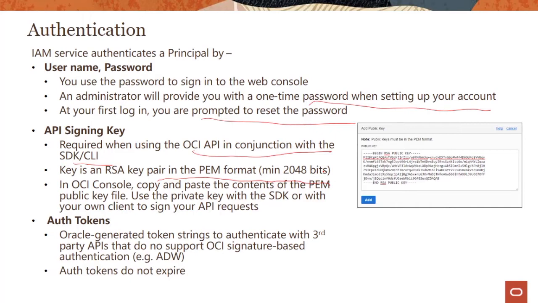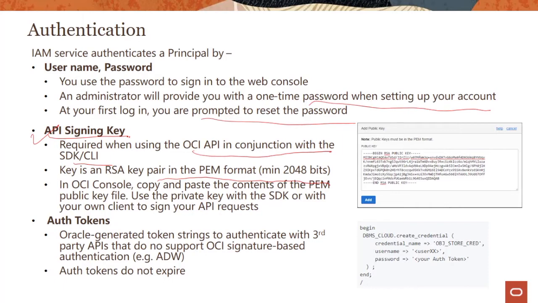The third one is something specific to Oracle Cloud Infrastructure, and it's authentication using auth token. Authentication tokens are Oracle generated token strings to authenticate with third-party APIs that do not support the OCI signature based authentication. We just looked into the API signing keys. So what are good examples? Well, a good example is our own autonomous offering, which doesn't support the OCI signature based authentication.